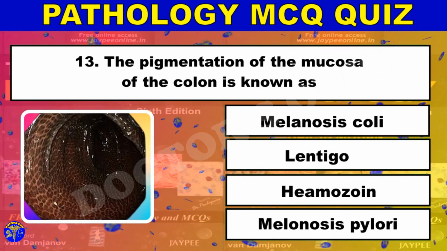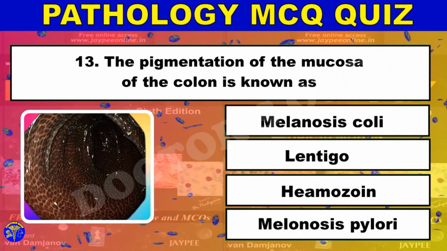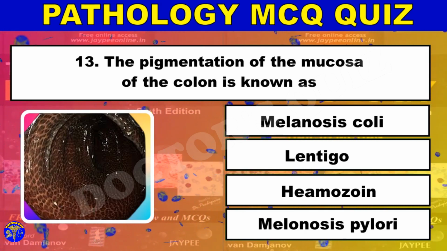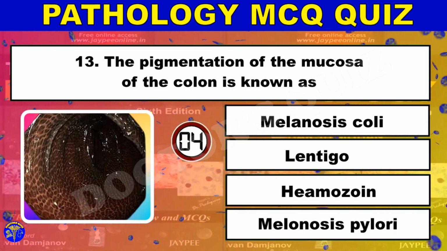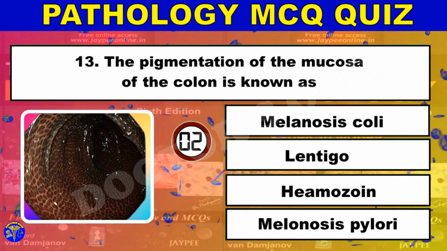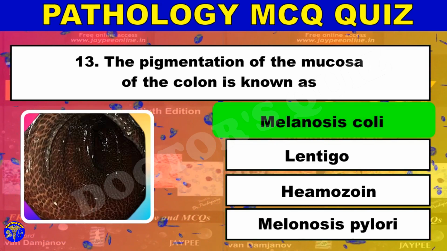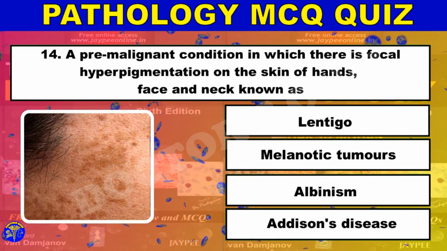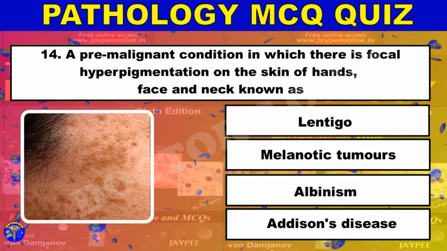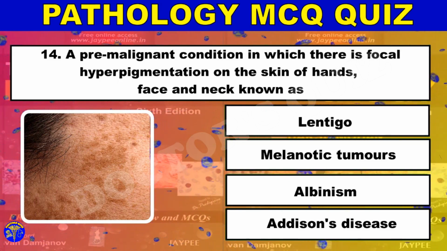The pigmentation of the mucosa of the colon is known as? The options are melanosis coli, lentigo, hemozoin, melanosis pylori. And the correct answer is melanosis coli. A pre-malignant condition in which there is focal hyperpigmentation on the skin of hands, face and neck is known as?